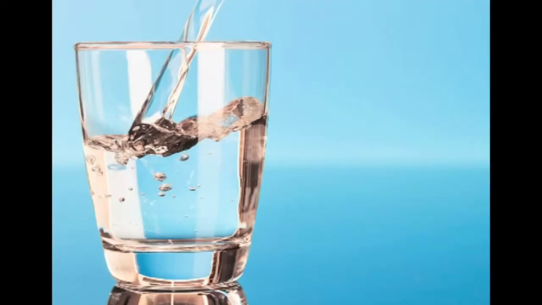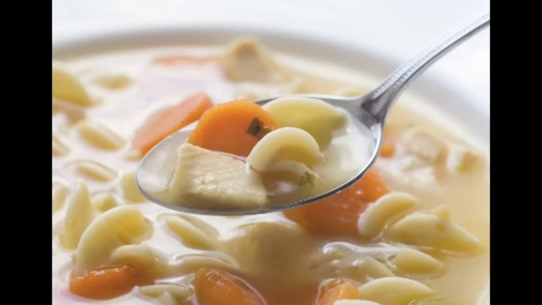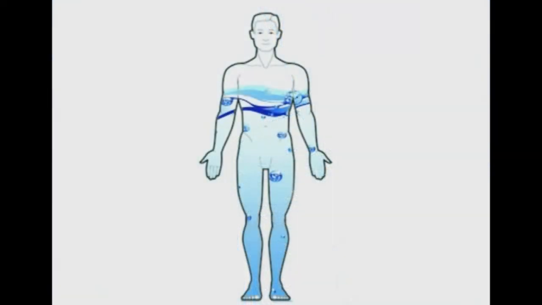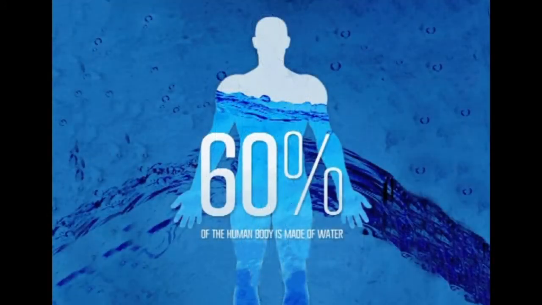Now we get water not only from the foods that we eat, but a major part of water is obtained from the beverages and water that we consume. Water plays an essential part in our body structure, and it also accounts for 60% of the total body weight.